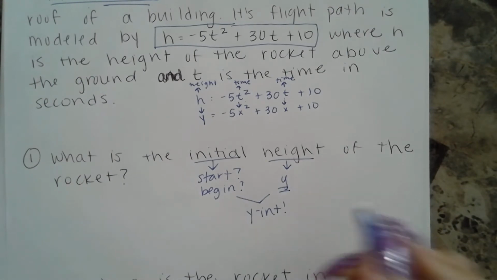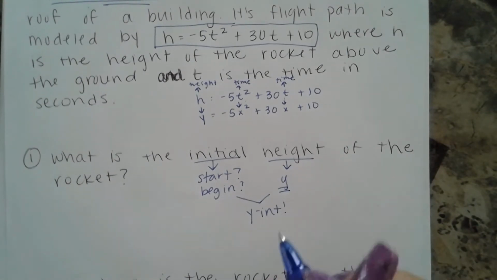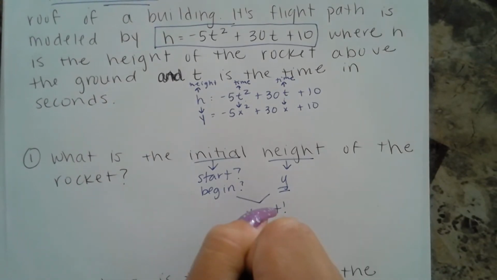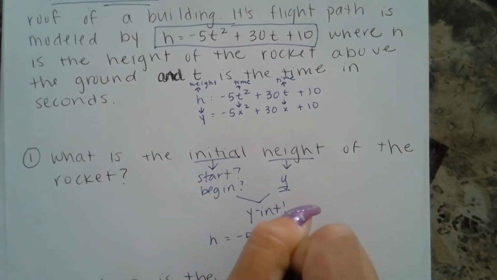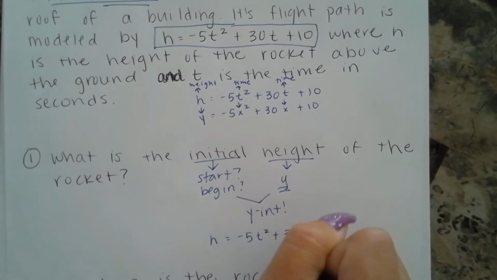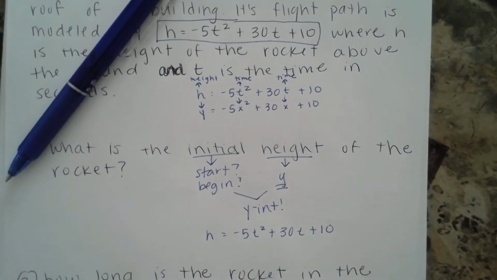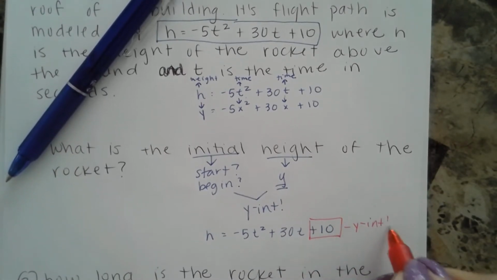Looking at our formula, h equals -5t squared plus 30t plus 10, and like I explained in our last video, our c is our y-intercept.